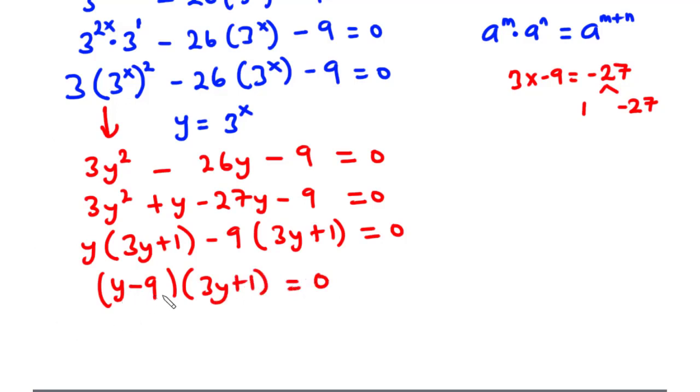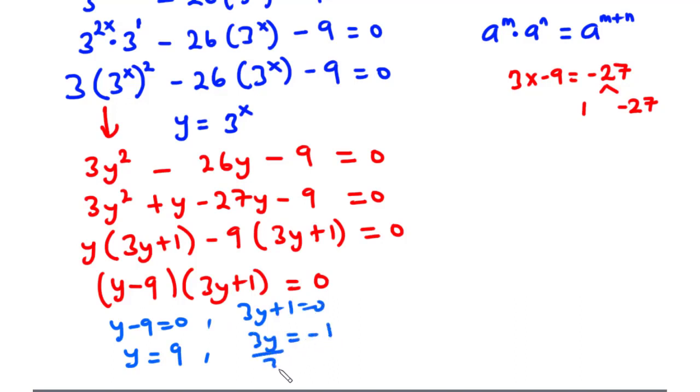So for y minus 9 equals 0, we have y to be equal to 9, and then for 3y plus 1 equals 0, we have 3y equals negative 1, we divide through by 3, and then we have y to be equal to negative 1 over 3. So these are the values of y.